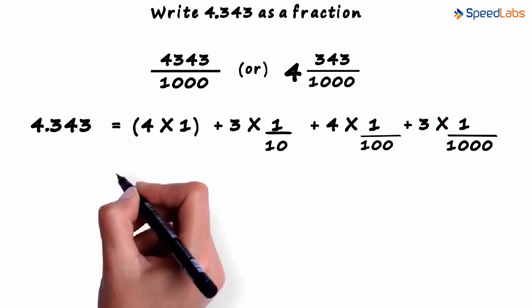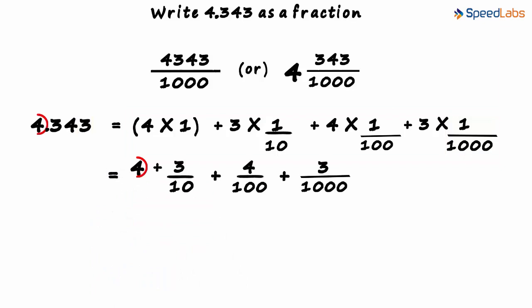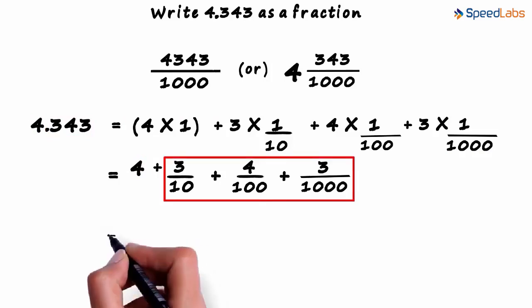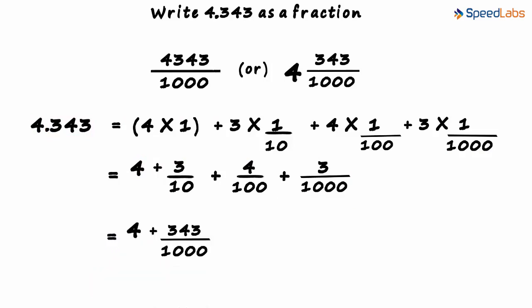Solving this further, this is what we get. 4 is the integral part, and the decimal part was written like this. And solving this further, we get 4 plus 343 by 1000. And this is the mixed fraction for 4343 by 1000. If you add these two, you will get 4343 by 1000.